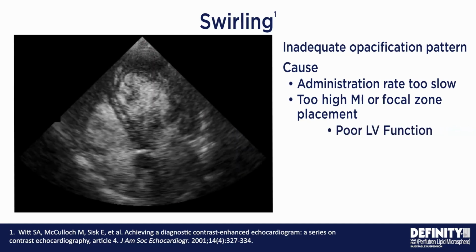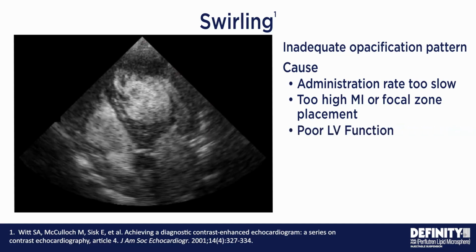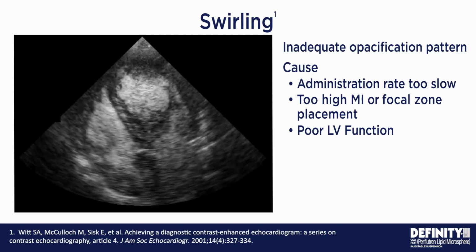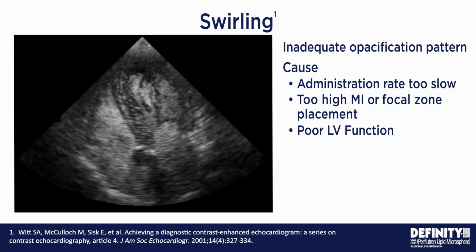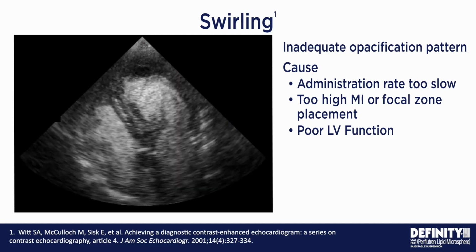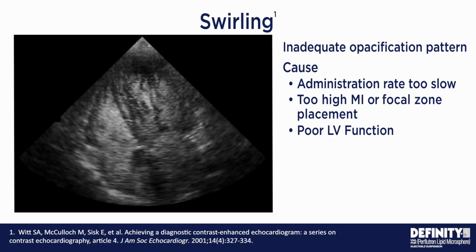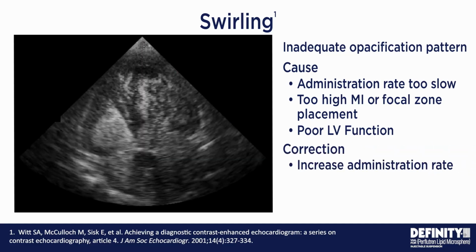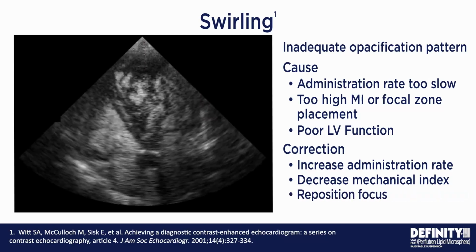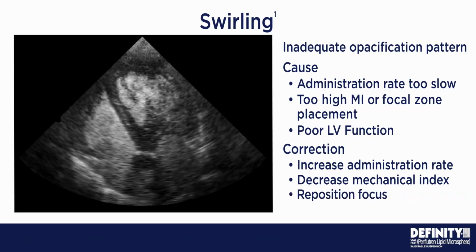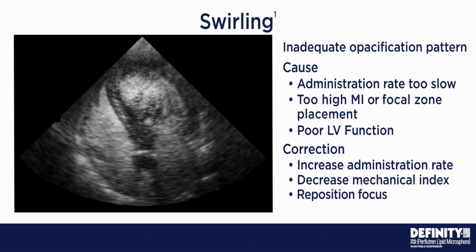Patients with poor left ventricular function and very low blood flow states typically cause swirling, which often requires an increase in administration rate to ensure the concentration of microbubbles reach the apex. Increasing the administration rate and/or decreasing the mechanical index or repositioning the focus may assist in avoiding a swirling artifact.